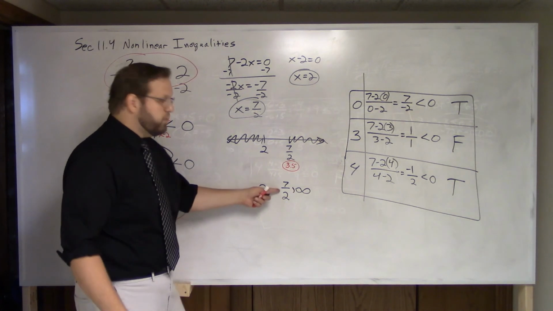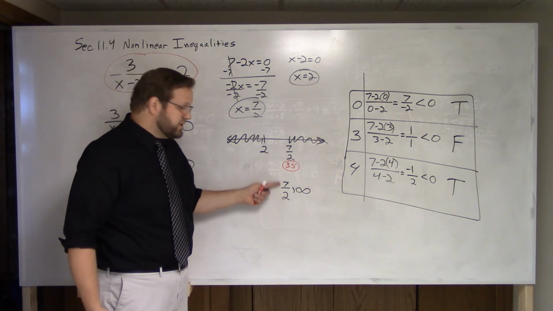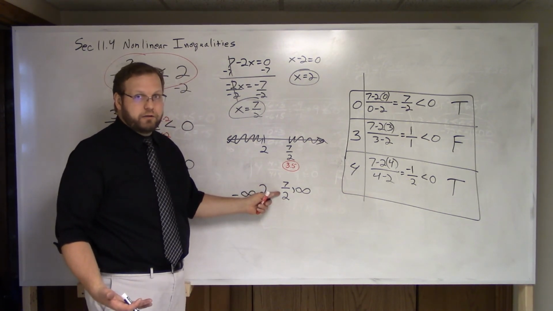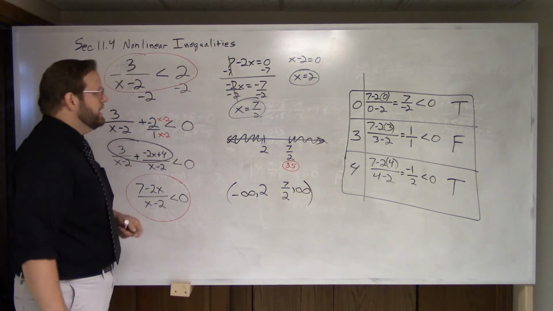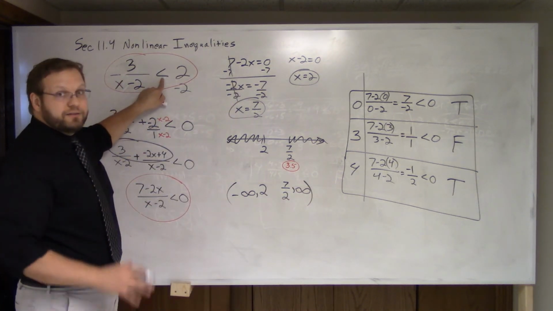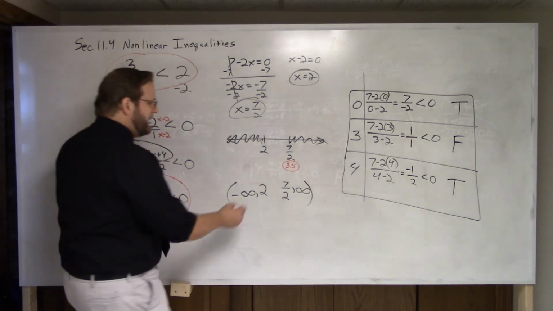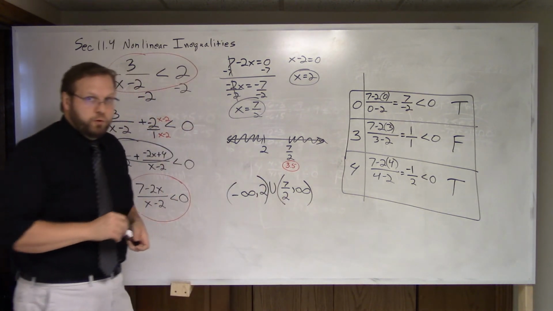If you put a 3.5 there, that's fine. But if you have a fraction here that's like a 1/3, don't put 0.3, because then that's no longer accurate. Parentheses always on infinity, and since this originally just was looking for less than, there's no brackets involved, I don't worry about where the numbers came from. I just put parentheses everywhere.